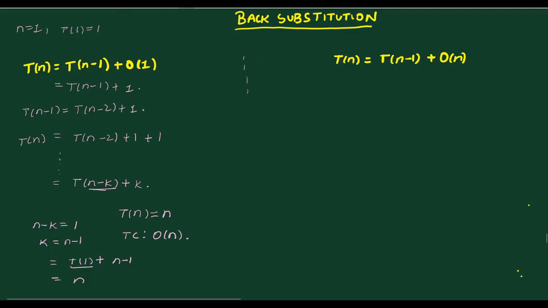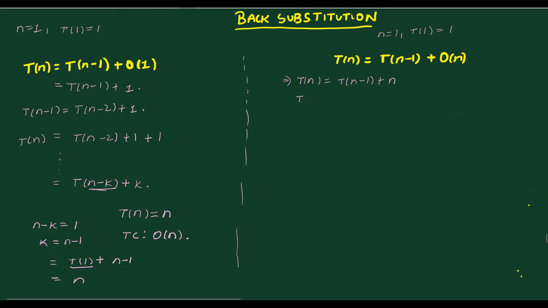Similarly, on similar lines, let us try to solve the second question. Here t of n is t of n minus 1 plus big O of n, right? So that implies we can write t of n as t of n minus 1 plus n, right? Let's say the stopping condition is again t of 1 equals 1, at n equals 1.